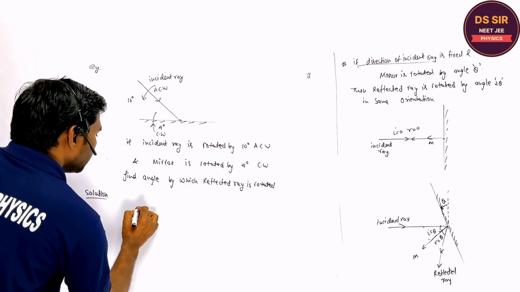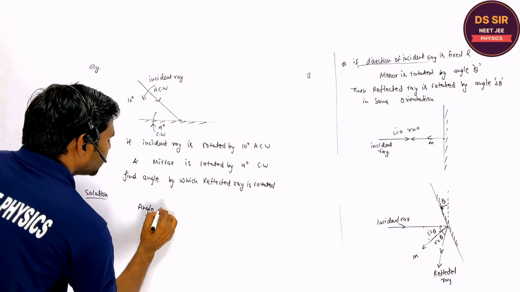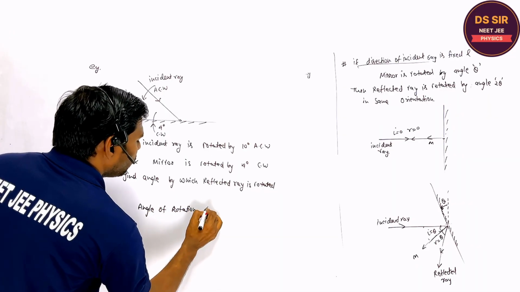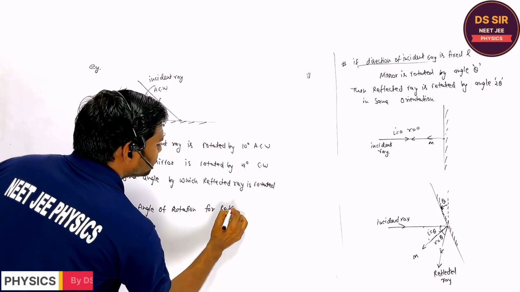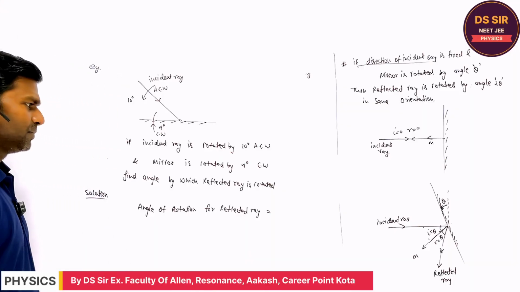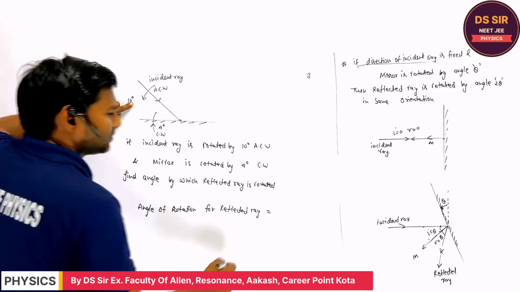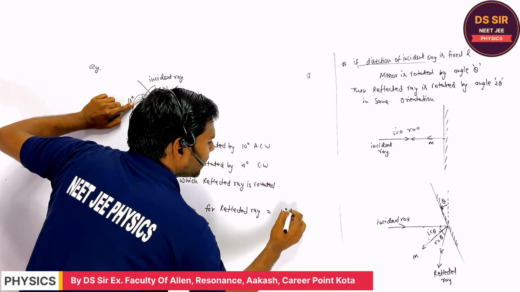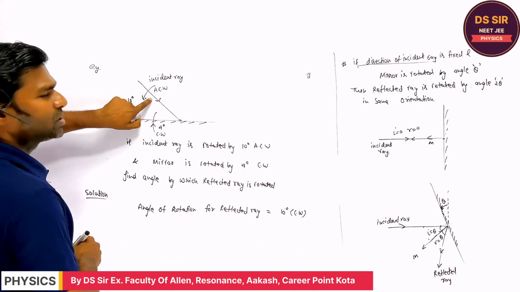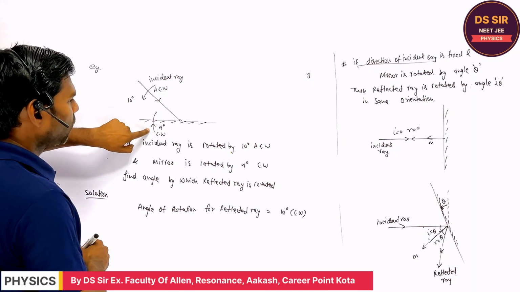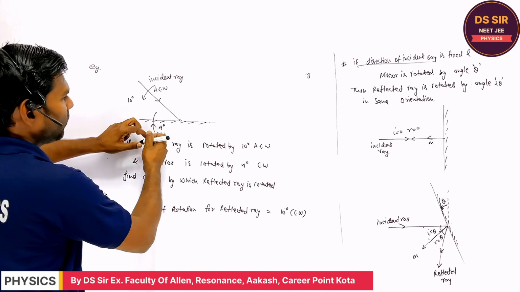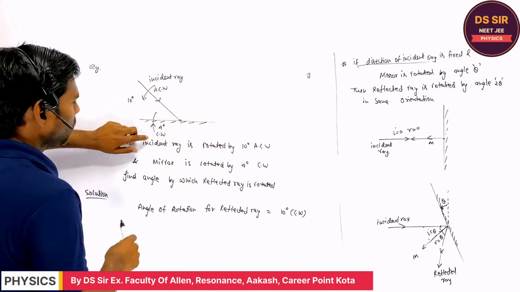So the total angle of rotation for the reflected ray is equal to 10 degree in clockwise sense, because it is just opposite, and the mirror is rotated by 4 degree in clockwise sense.